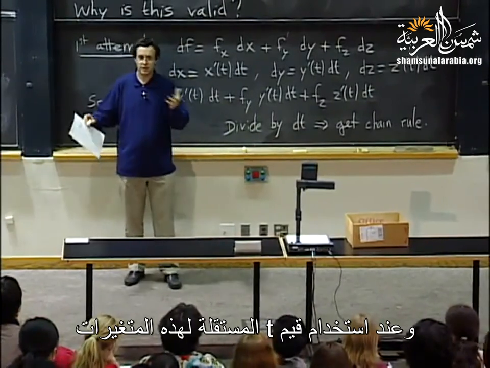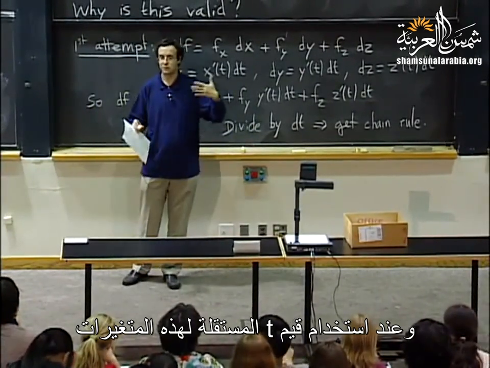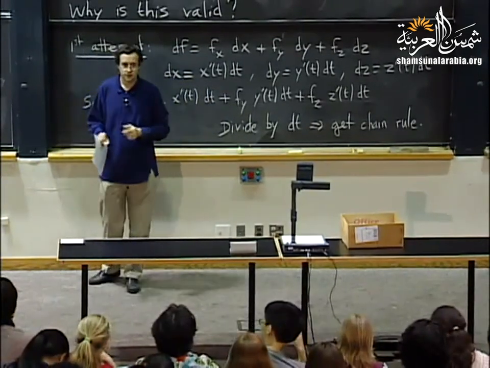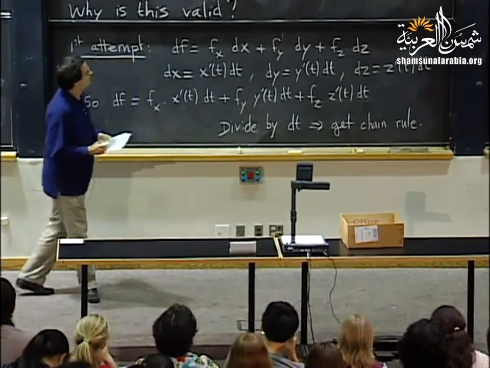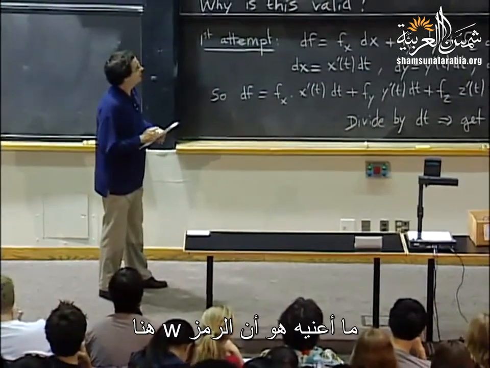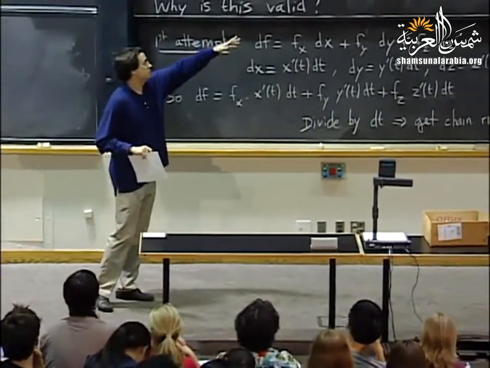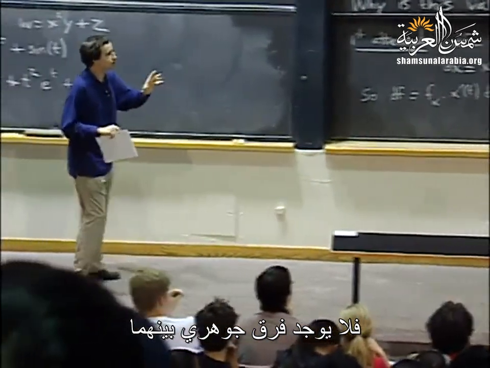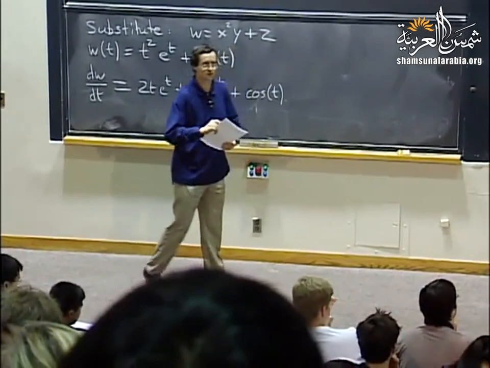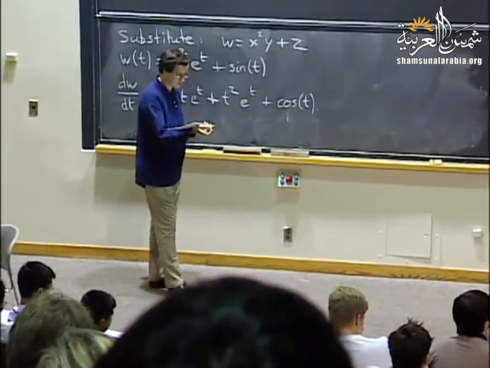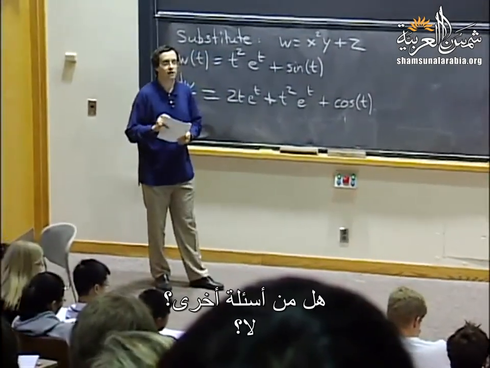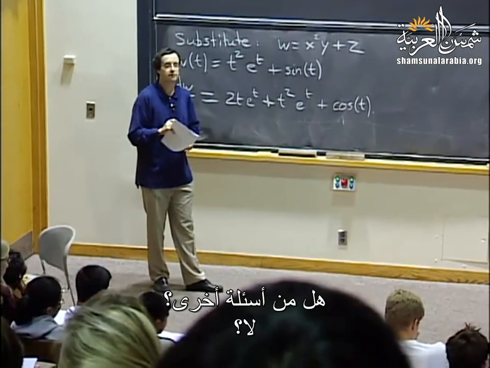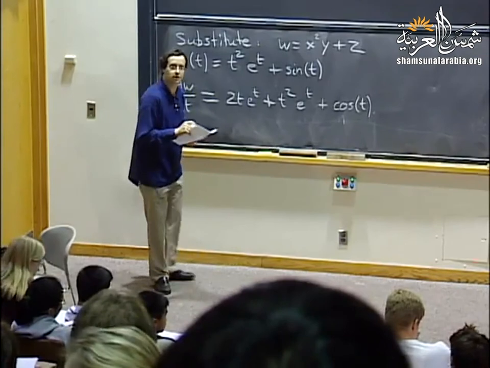Then when I plug in the dependence of these three variables on t, it becomes just a function of t. Really, my W here is pretty much what I called f before. There's no major difference between the two. Any other questions? No? Okay.